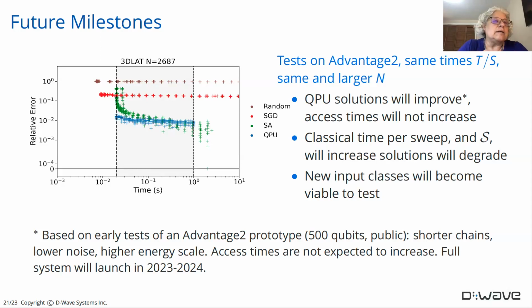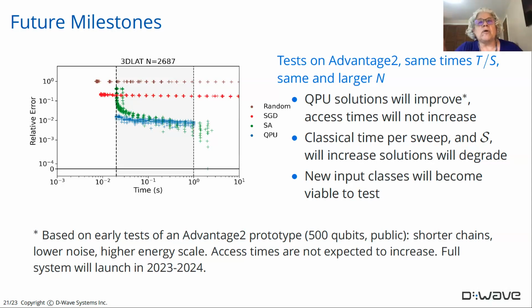It's got new technology that leads to lower noise, and there's a higher energy scale. And all of these factors show that even on the small problems, the solution qualities for Advantage 2 are much better than solution qualities for Advantage.